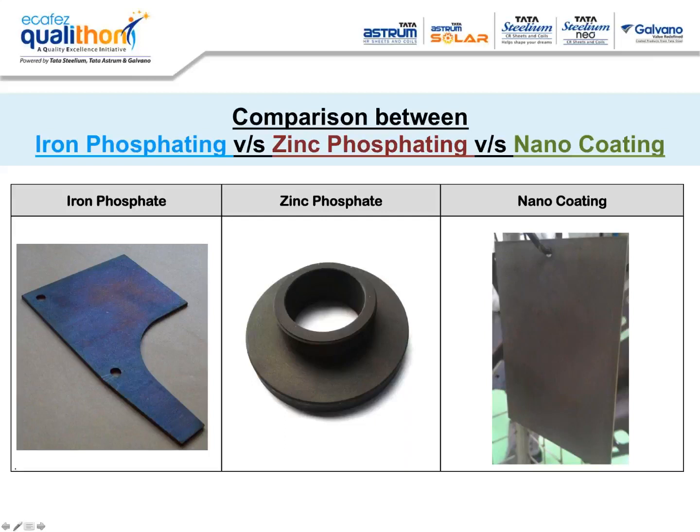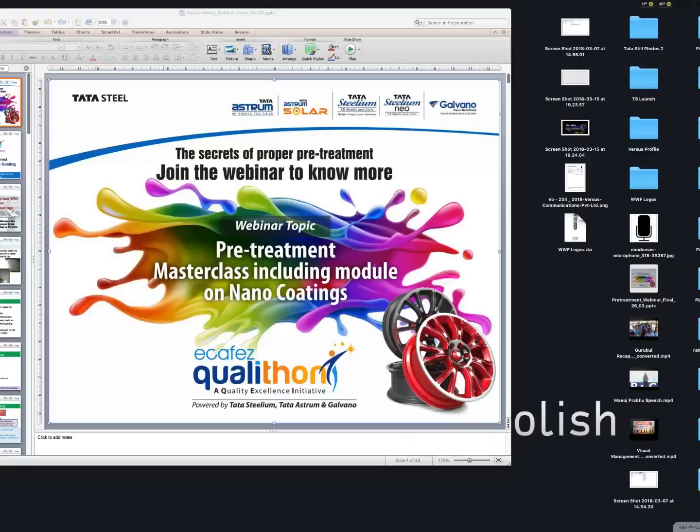Let me attend some questions here. Mahendra Rawat is asking, die-cast aluminum contains silicon added by design. How does it affect the performance of pre-treatment and what is the maximum permissible limit? I don't think I'll be able to answer this question right away.